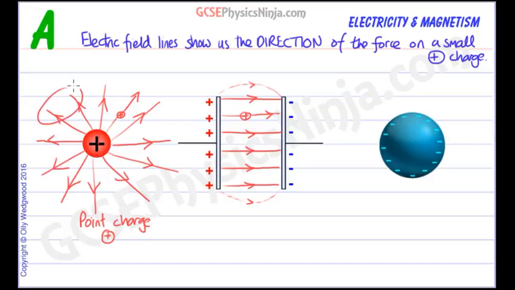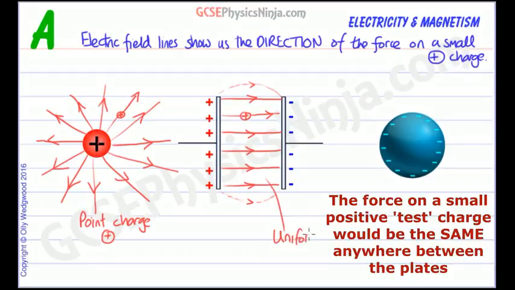And as the field lines get further apart, the electric field, and therefore the force on a positive charge, gets weaker. So the electric field lines also tell us the strength of the electric field by how densely they're packed. In this case, they're all the same distance apart, and so this is a uniform field, a uniform electric field between 2 parallel plates.